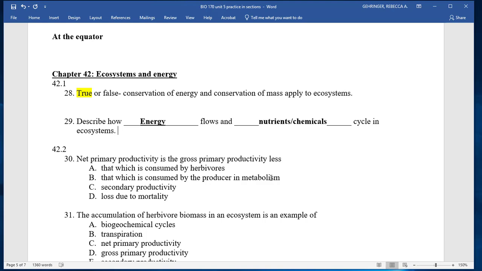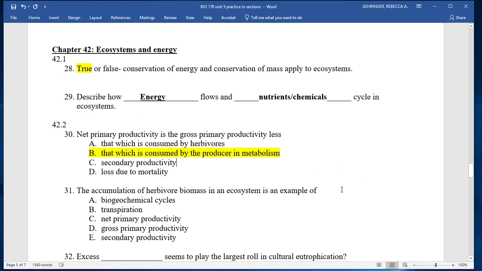So net primary productivity is gross primary productivity minus the part that's consumed by the producer in their metabolism. Oh, and what's primary productivity in general? That's talking about the productivity of the plants themselves, the producers.